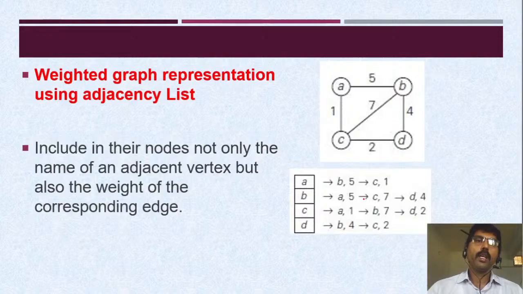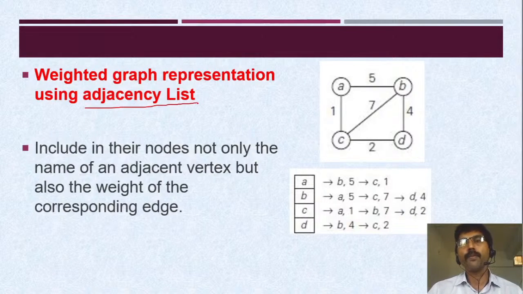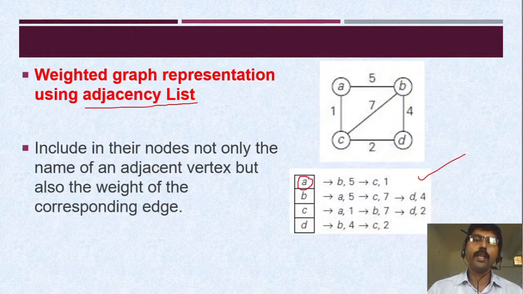Now, weighted graph representation using adjacency list. This is the way of representing an adjacency list. Here each list contains not only the vertex name, it also contains the weight.